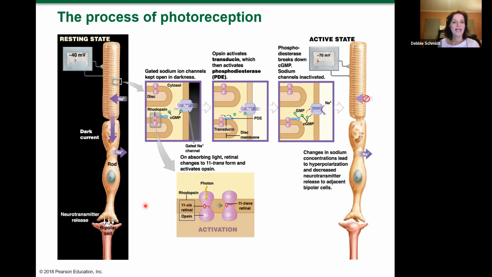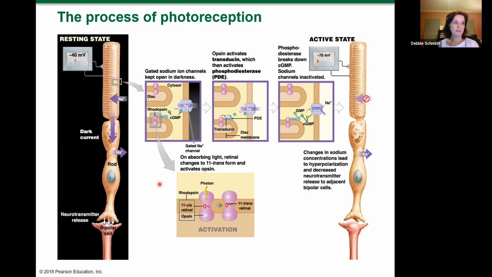Notice the potential here in that resting state, negative 40 millivolts. Well, that seems like threshold for a neuron, but this is its resting state, the state not stimulated by light. That's odd.